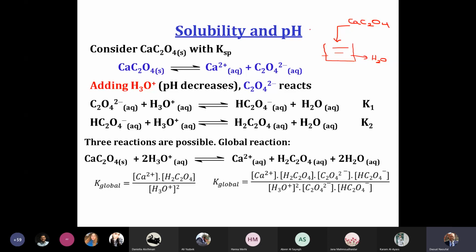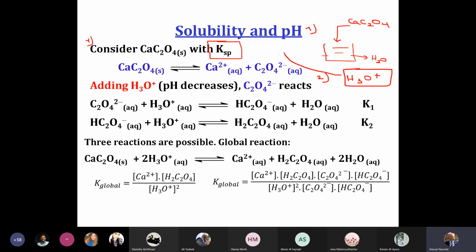What would happen? This is case 1. CaC2O4 is a weak electrolyte. Since we have a value of KSP given, it will dissociate to ions partially till the equilibrium: Ca2+, C2O4 2-. The second question now: you have H+ that will be added to the beaker.